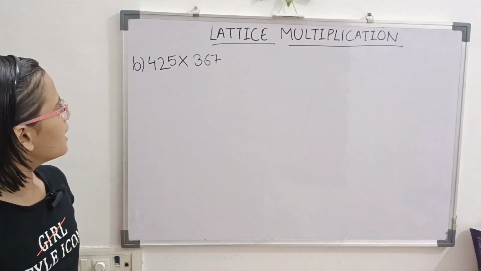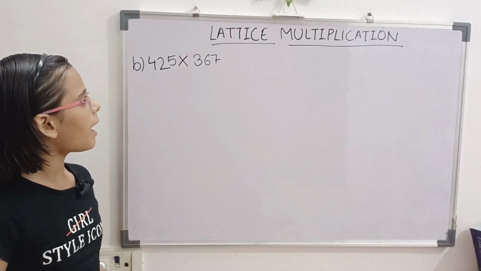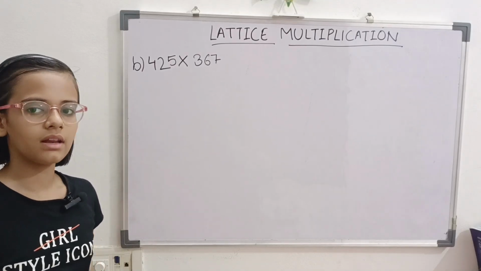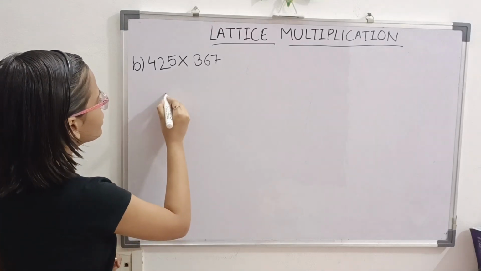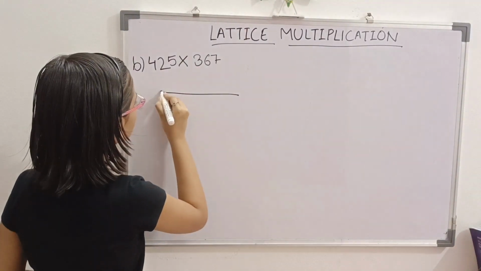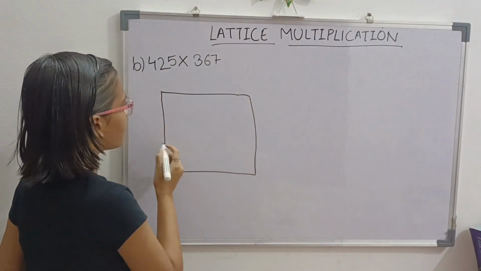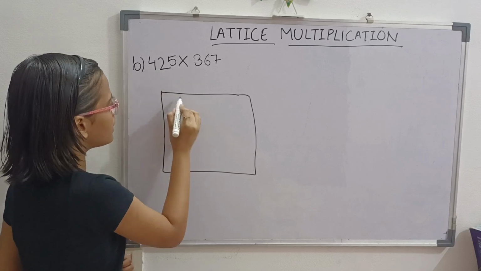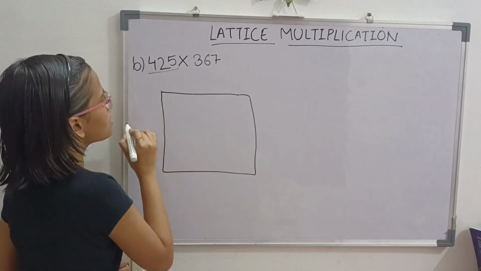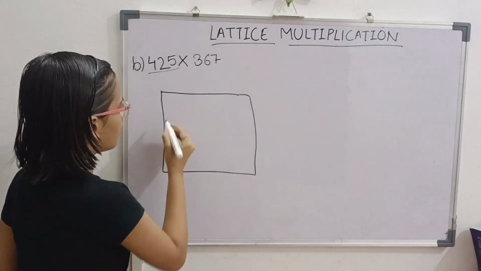Our next example is 425 multiplied by 367. So first we have to draw a box. Then we have to make 3 partitions here because this is a 3-digit number.